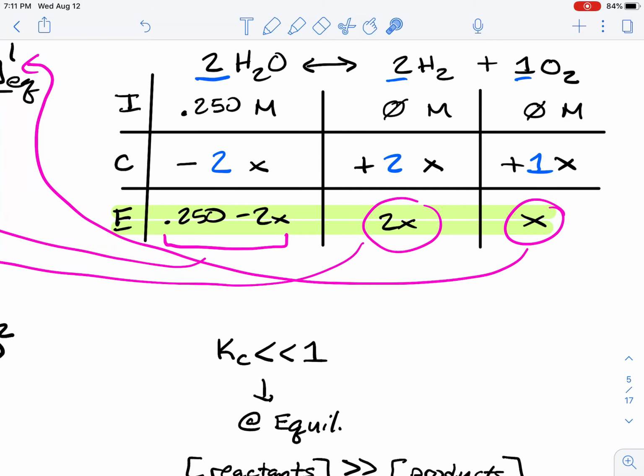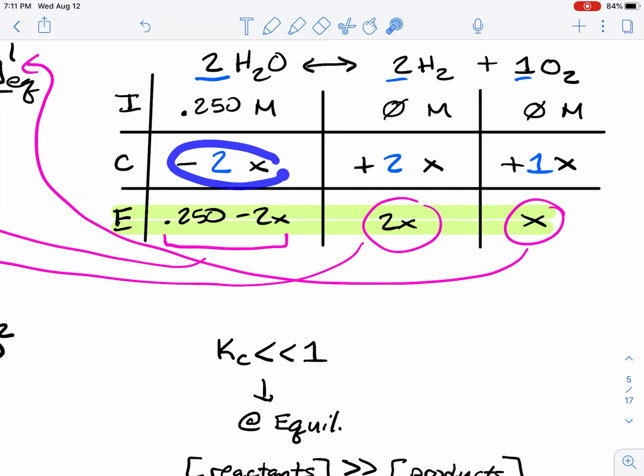However, we're not going to ignore the x's in the product side, because if you're looking at this, anything that's greater than 0 is significant, right? And so here, if this change is very small, it's not really going to affect the value of the initial concentration.